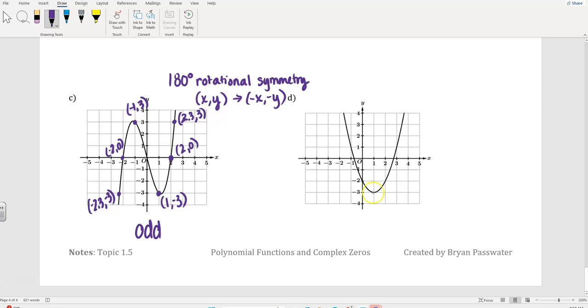But you could also check with points. Like if I've got the point 3, 1 that is on this graph, if this function is odd, then the point negative 3, negative 1 should be on the graph. And it is definitely not. So this is not odd either. So this one would be neither.